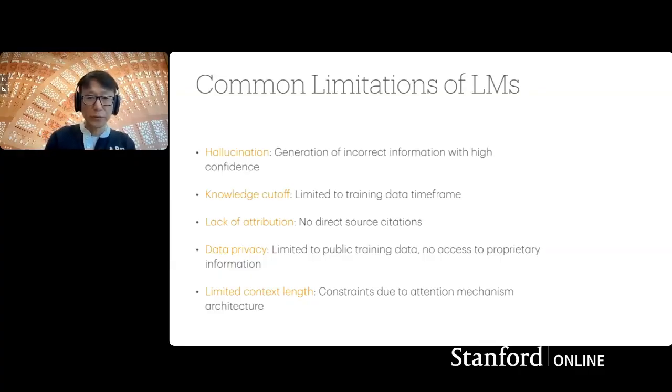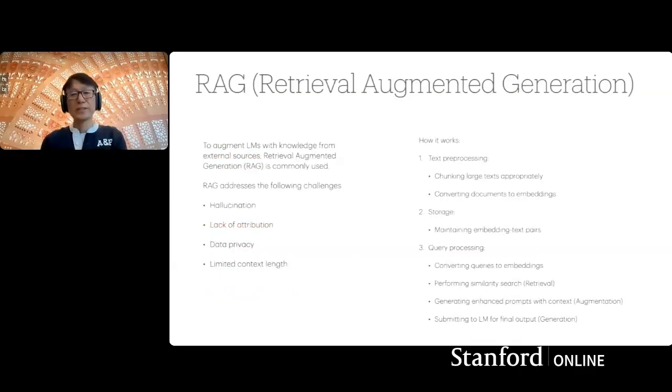So in order to address these common limitations, retrieval augmented generation is one way to handle this. It could reduce hallucination by using the actual relevant reference. It also addresses citation because it knows where the reference is coming from.